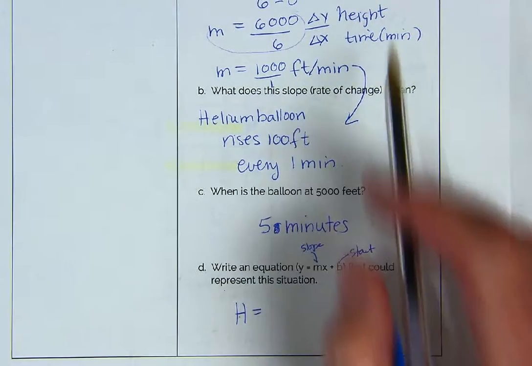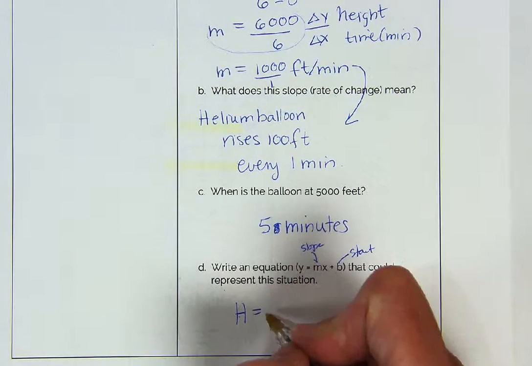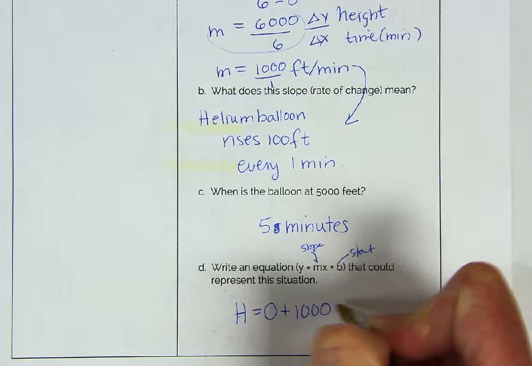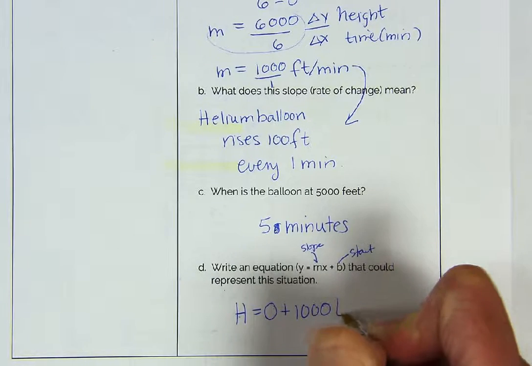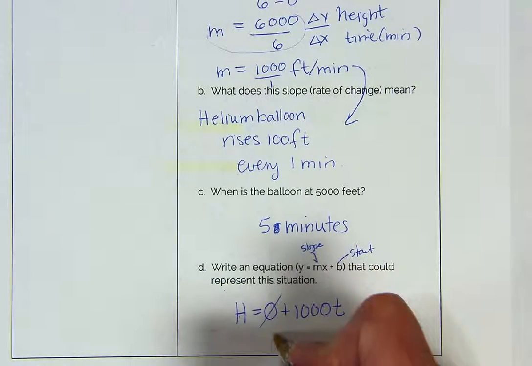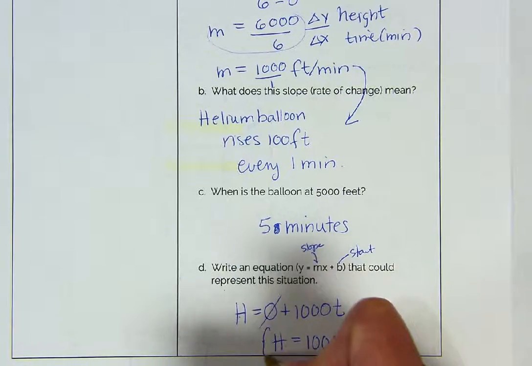The height depends on time. Sorry, you can't see what I'm pointing at. So height starts out at 0 feet and then increases 1,000 feet per minute. Now I'm not using m, it's pretty standard to use t for time. And obviously adding 0 to anything, we don't really need it, so that would be our equation.